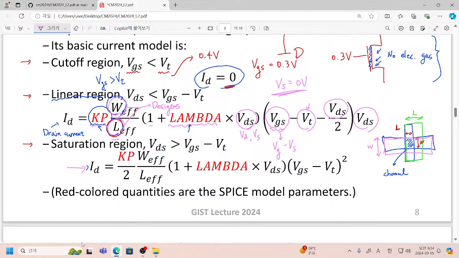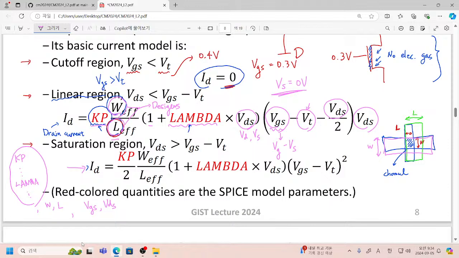So what we have to do is, first of all, your technology values should be known. Okay, I have lambda, KP, and so on. First of all, you have to prepare this. And also from your designers, you have to understand the width and length of your transistor. After that, finally, you have to understand what VGS and VDS are. When you collect all that information, you can evaluate the drain current.